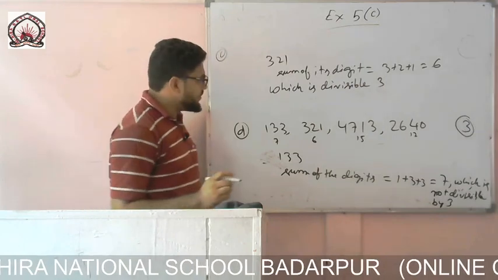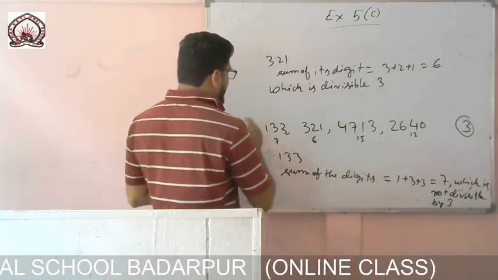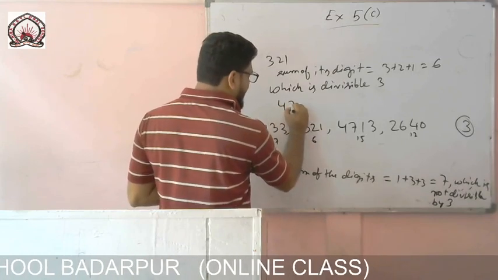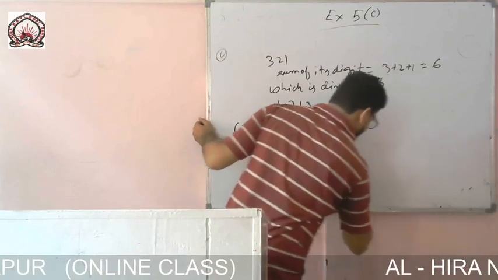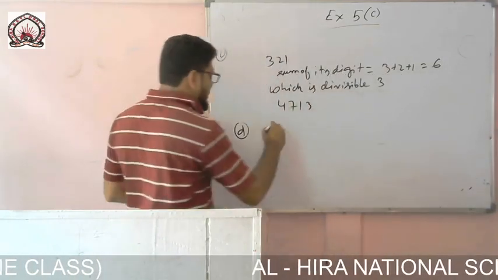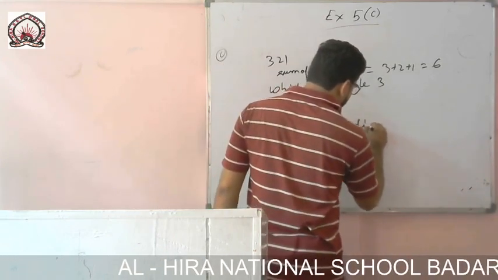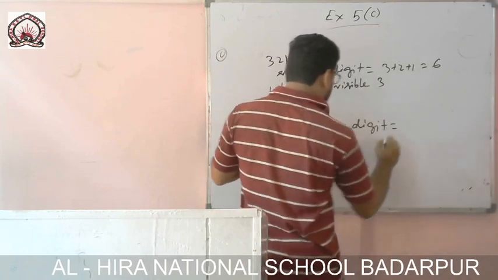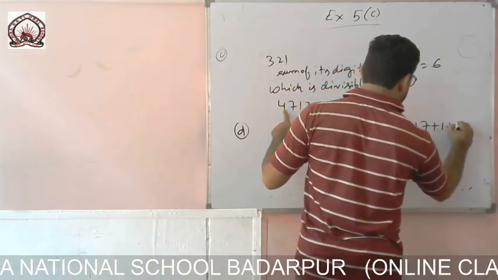Now come to 4713. Sum of its digits goes to 4 plus 7 plus 1 plus 3.